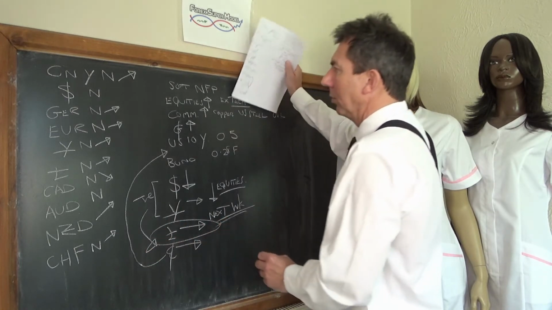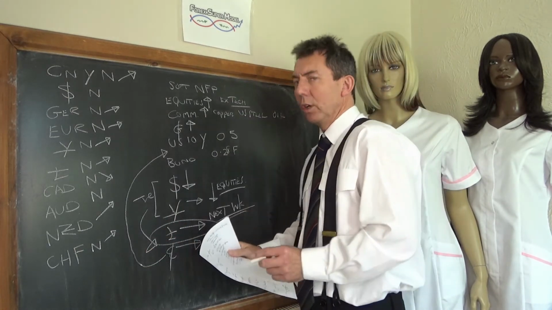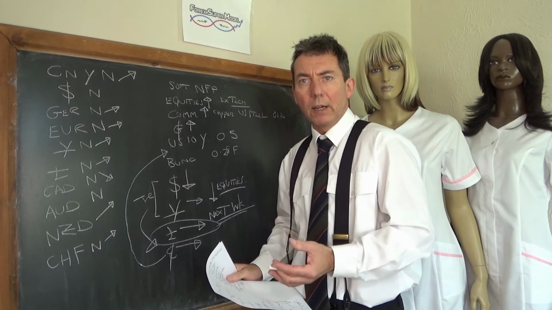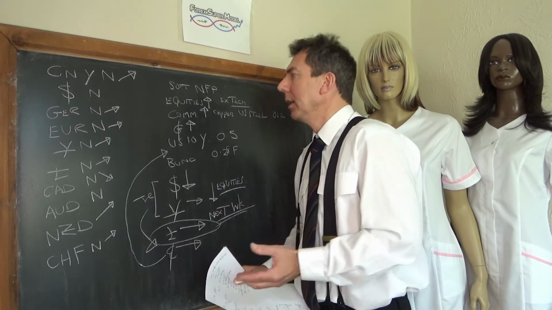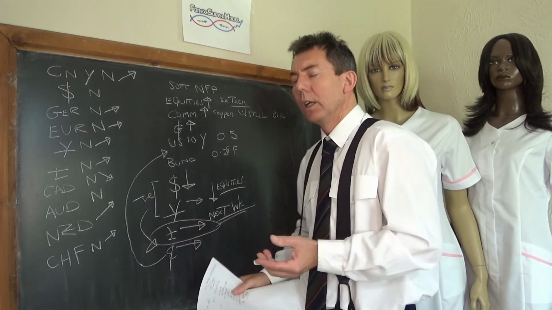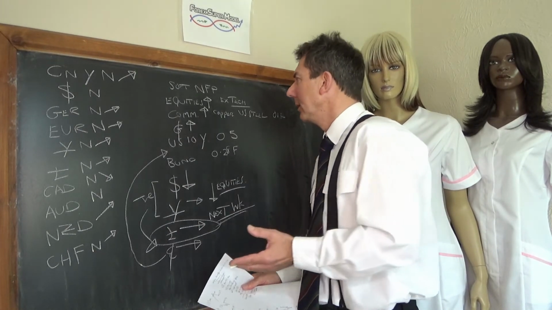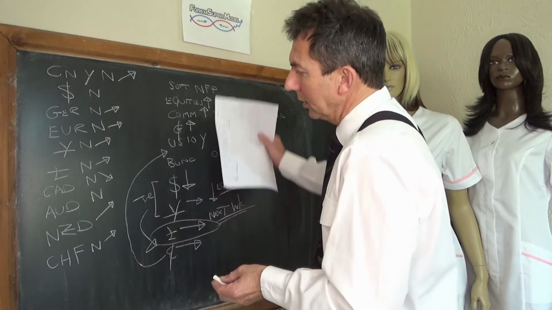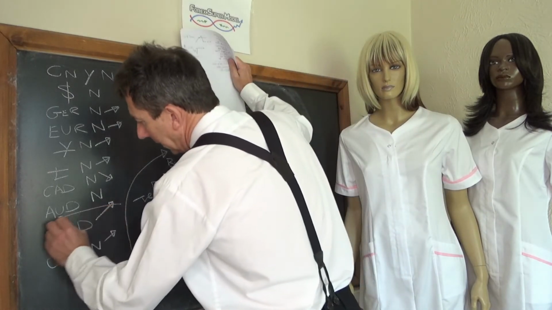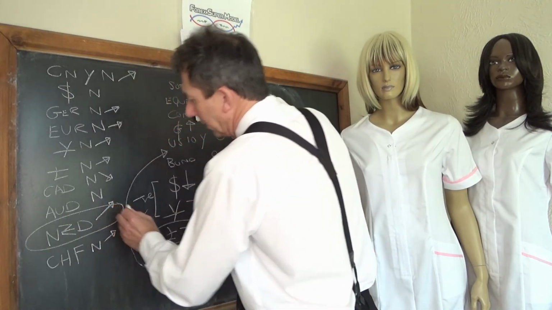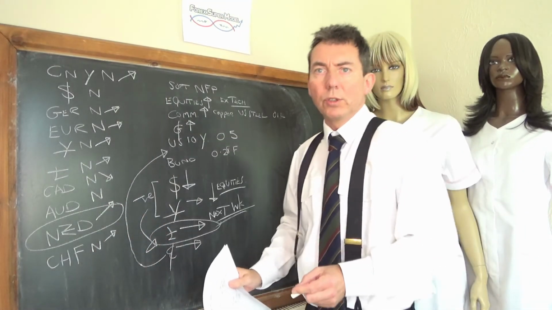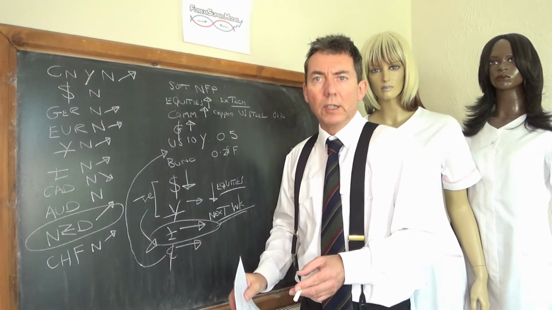What are we? We're short the dollar in terms of the euro, the pound, and the AUD, and we're short the New Zealand dollar against the euro, the pound, AUD, and the CAD. Now, the New Zealand dollar has had some strong data recently. It was the go-to favourite for commodity currencies.